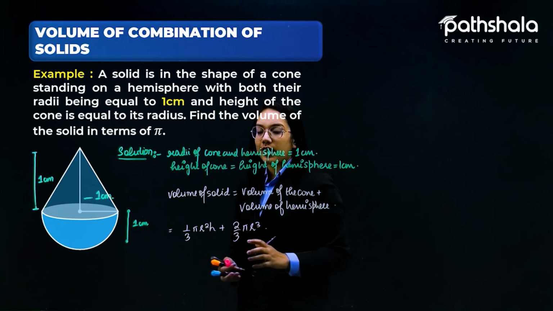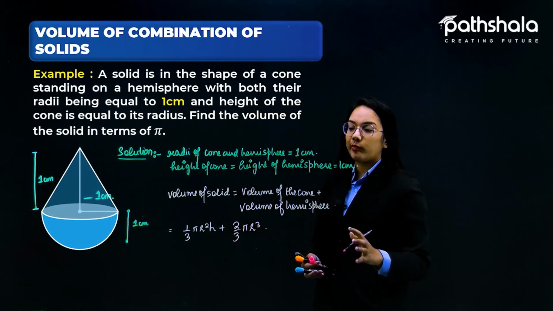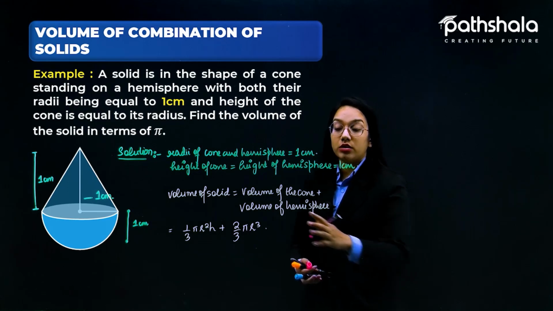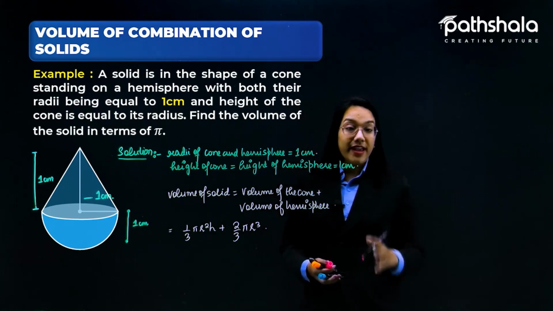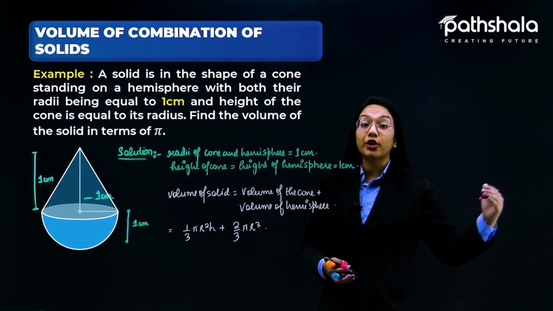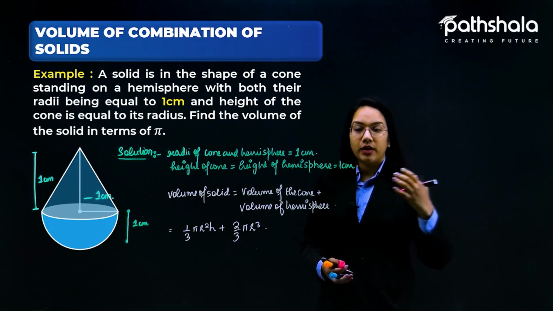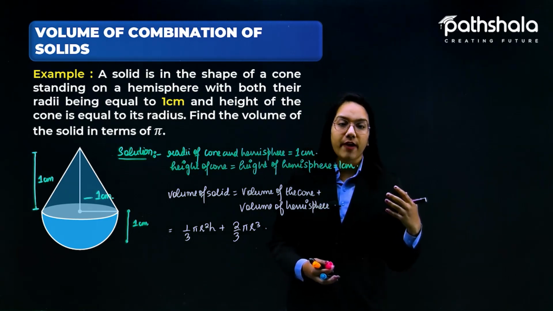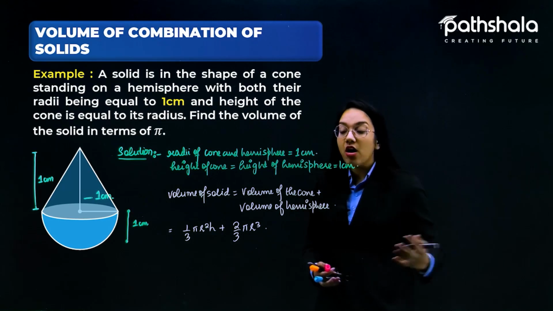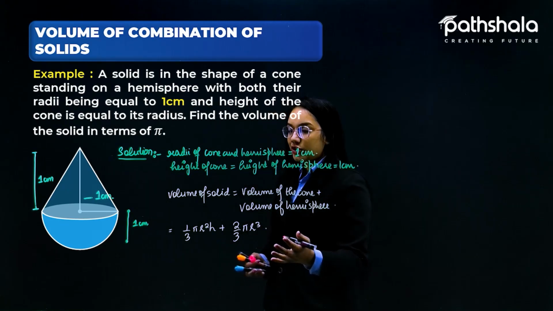We definitely know that the volume of the sphere is equal to 4 by 3 pi r cube. But here we are talking about the volume of the hemisphere, so it should be half of the sphere, which is 2 by 3 pi r cube. Now let's sort it out.